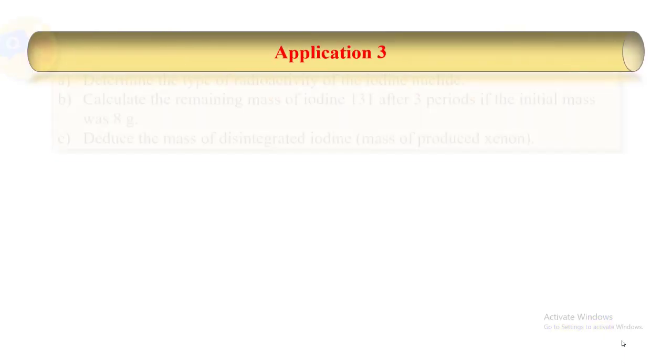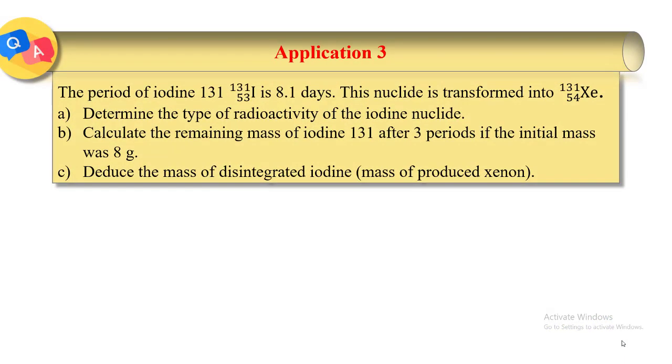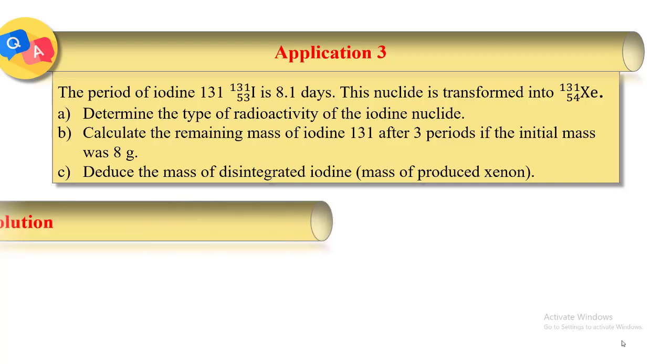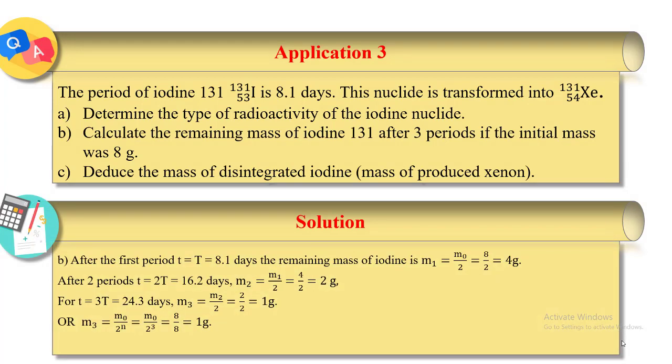In the second question, we have to calculate the mass of the iodine after 3 periods, knowing that its initial mass is 80 grams. After the first period, the remaining mass is 40 grams because 80 divided by 2 gives 40. After the second period, the remaining mass is 20 because 40 divided by 2 gives 20.